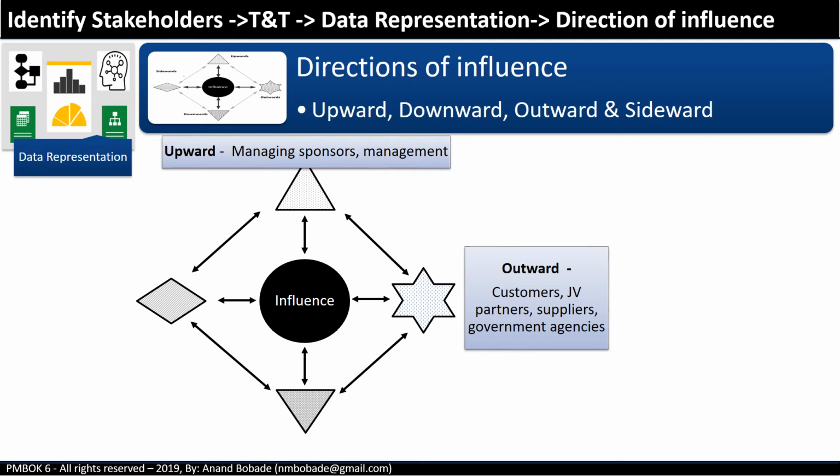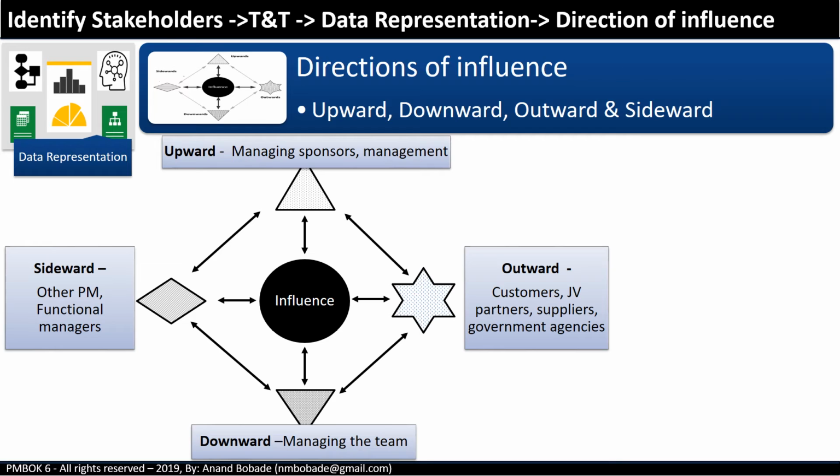Outward, where the project manager is engaging with customers, JV partners, suppliers, vendors, or other government agencies. Sidewards, where the project manager deals with other project managers and functional managers who are competing for similar resources. And finally, downwards, where he is managing his team.